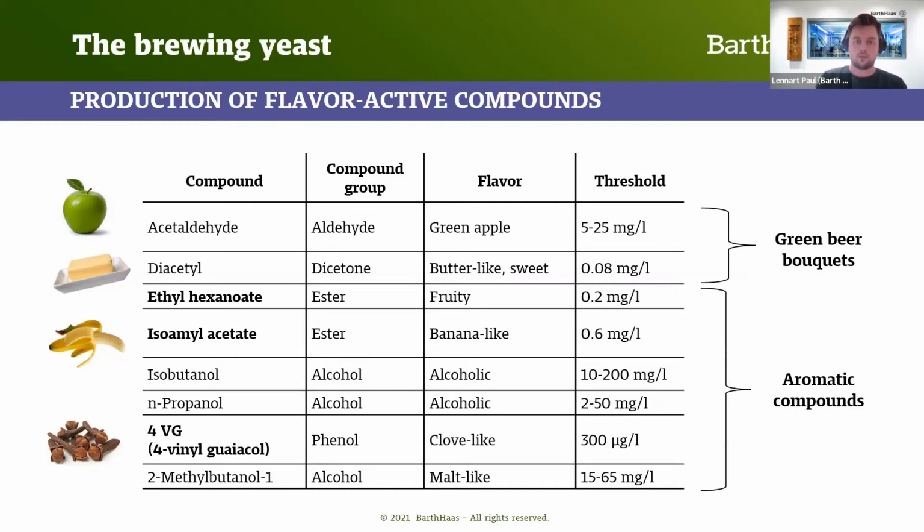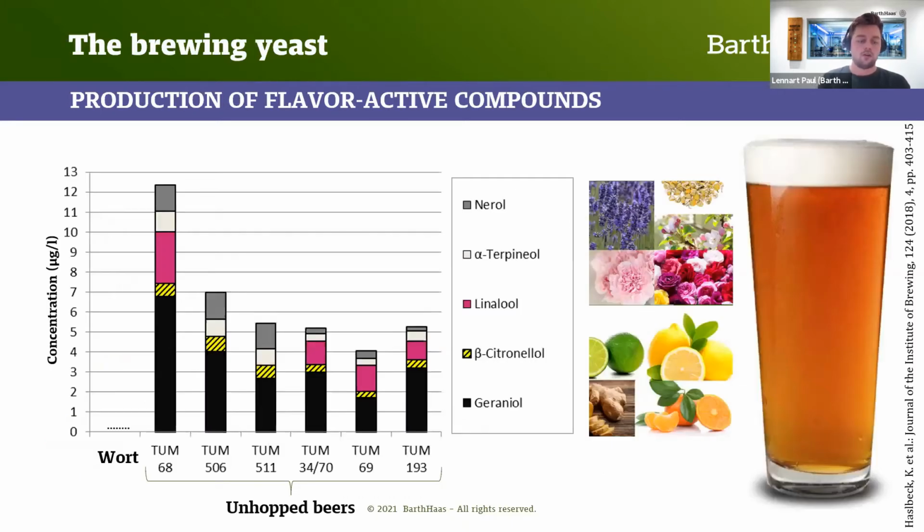Right. Now I brought you another slide with some monoterpene alcohols: nerol, alpha-terpineol, linalool, beta-citronellol, and geraniol, which you probably all know and would link more to hops.